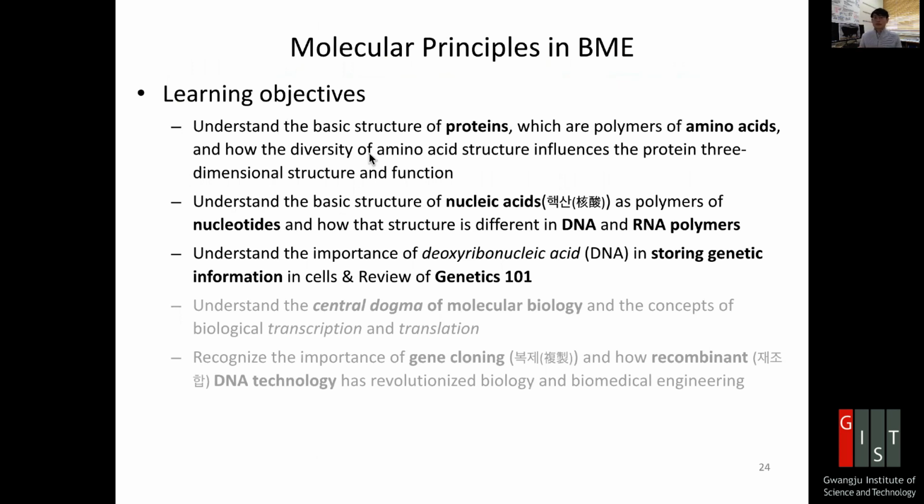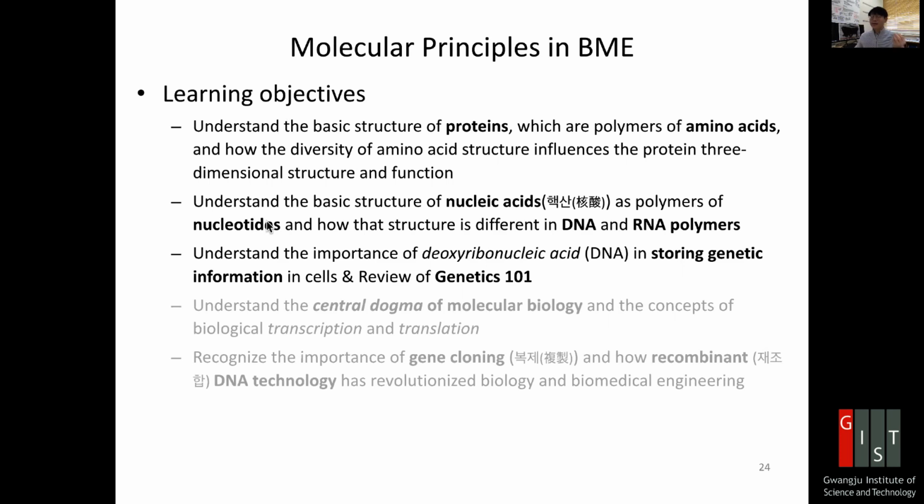We discussed molecular principles in this course. We discussed the structure of protein, which is a polymer of amino acids, and how the diversity of the 20 amino acids influences the resulting protein's three-dimensional structure and function. Regarding genetics, we understand the structure of nucleic acids, composed of polymers of nucleotides, and how this structure differs between DNA and RNA.